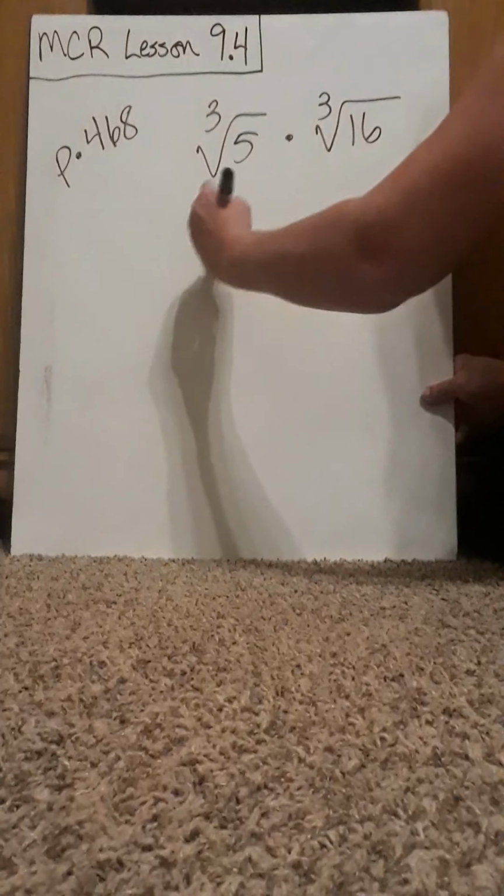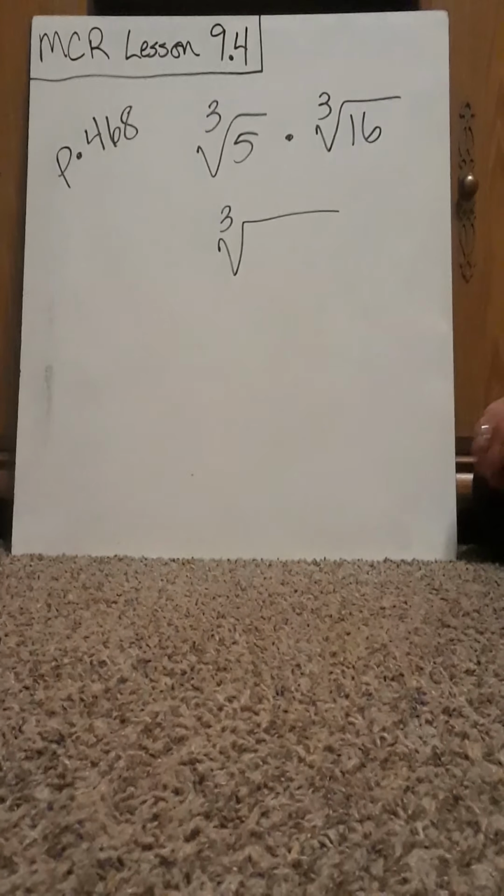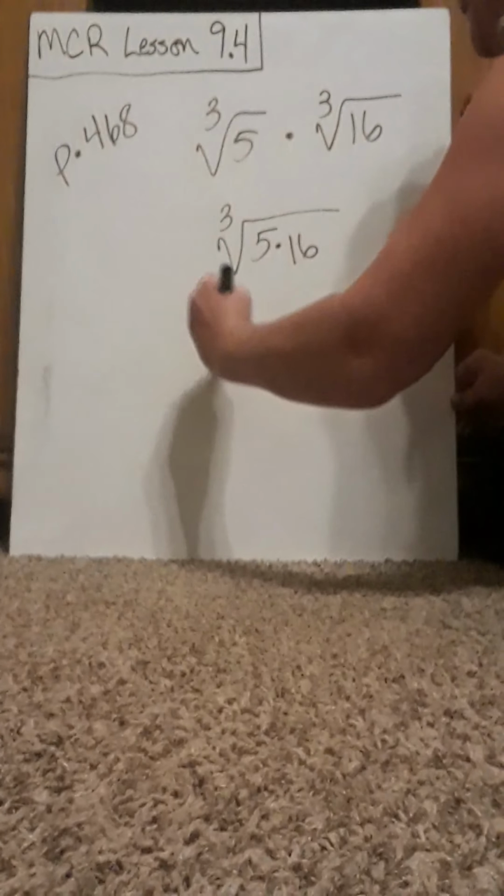In order to multiply these together, I need to have the same root. I do. They're both a cubed root. So I'm just going to leave the root alone. It stays the same. And then I just multiply the numbers underneath. I believe 5 times 16 is 80, but I'm going to double check. Yes. So this becomes the cubed root of 80.